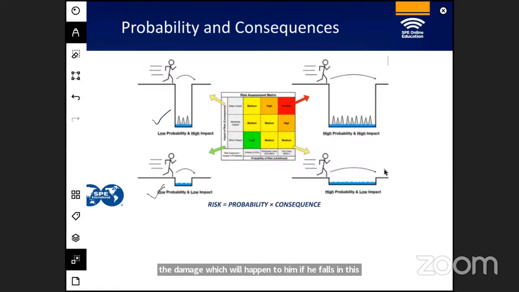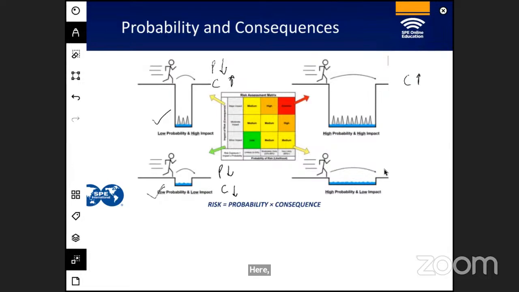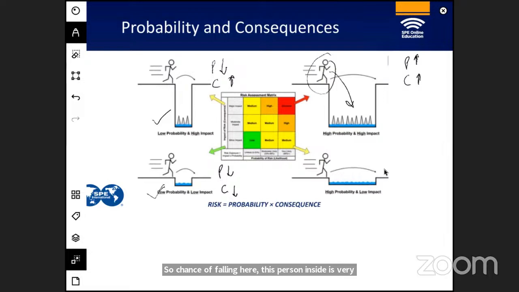But the chance of falling here is less. So the probability is low, but the consequence is high. Here, probability is low, consequence is also low. Here, consequence is high, probability is high. So the chance of this person falling inside is very high because the distance is large. And here, the chance of falling is high, meaning probability is high, but the consequence is low.